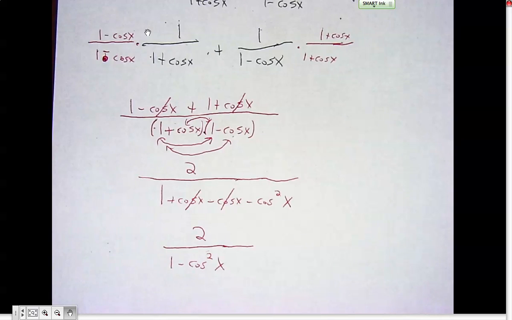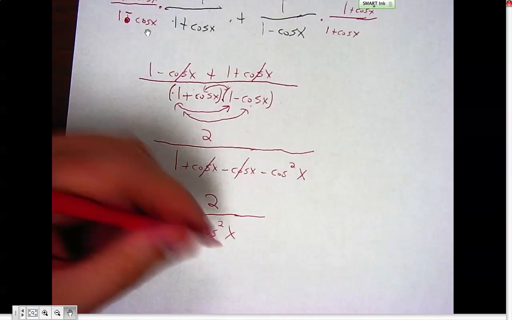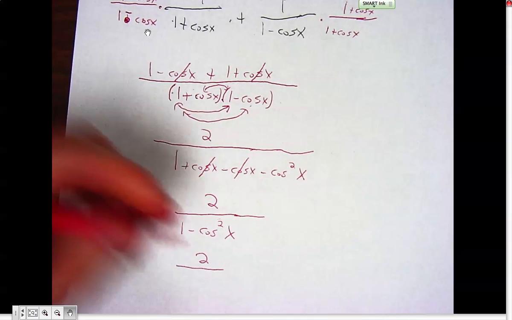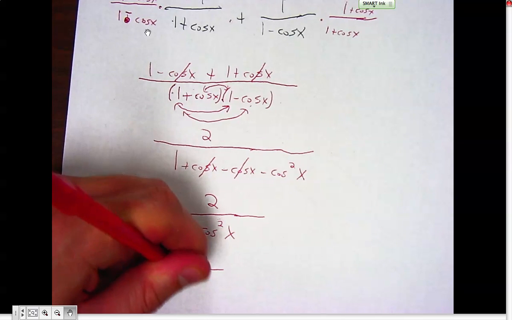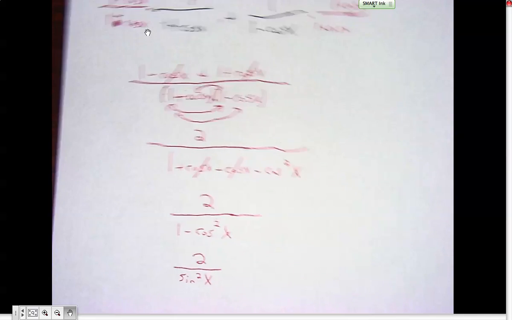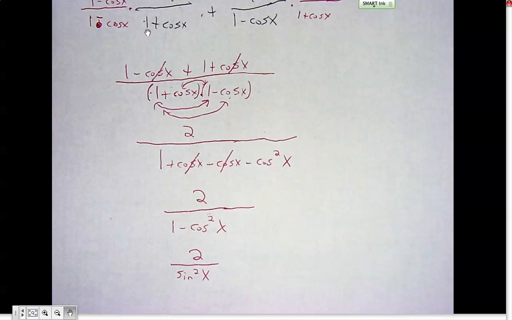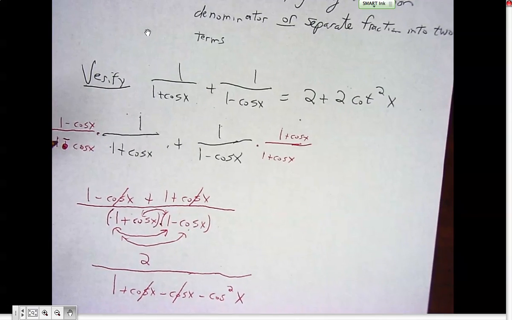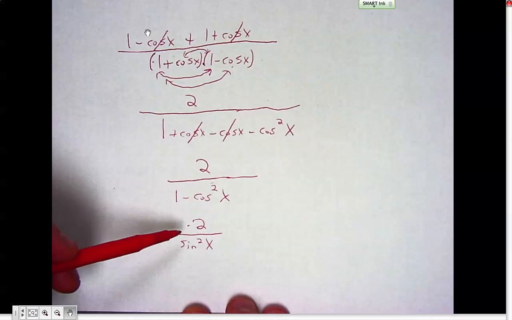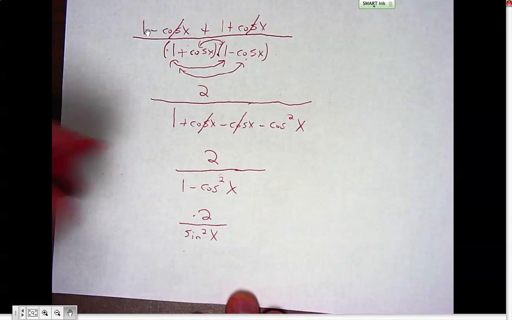And so that's handy, right? Because that's a messy denominator. And so I can replace that 1 minus cosine squared of x with sine squared of x. And that's not too bad. So I see, though, that it's still not what I was looking for. And then when I see a sine on the bottom, I could think, well, maybe I don't like that sine on the bottom.